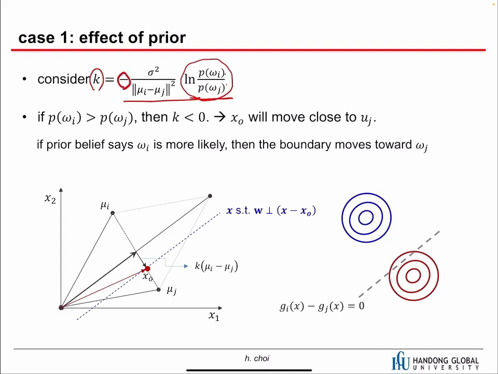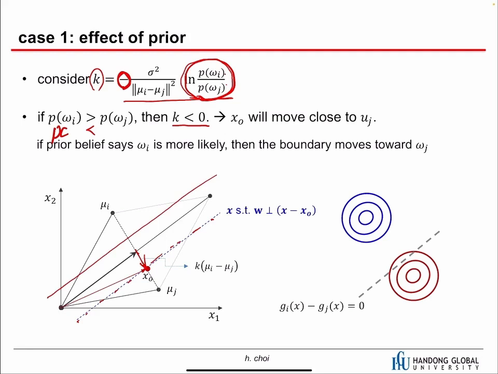So finally K is negative, which means x naught will move close to mu j. If omega i is smaller than this one, then this one will be negative, and with this minus, total K will be positive. Then we will have the boundary around here.